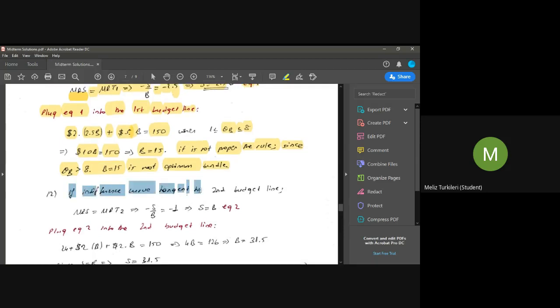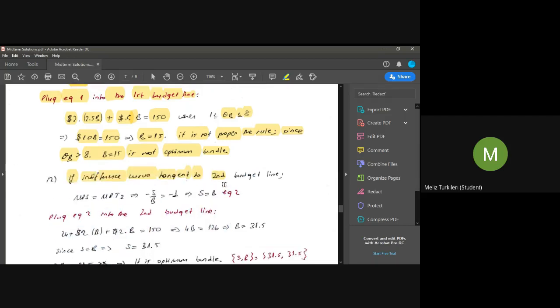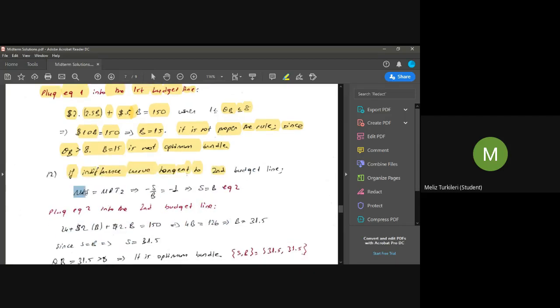If the indifference curve is tangent to the second budget line, what happens? Again, the marginal rate of substitution should be equal to the marginal rate of transformation for the second budget line. We know that the marginal rate of substitution is equal to, again, the same amount, but the marginal rate of transformation is equal to minus 1, okay?